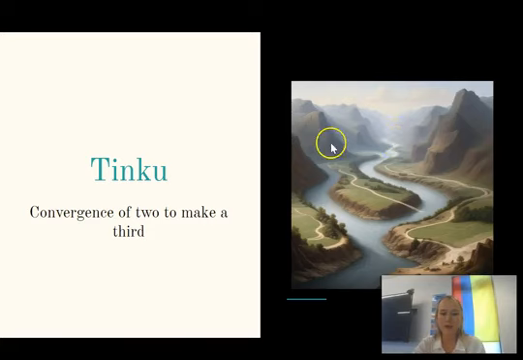We also see this especially at the convergence of rivers. Convergences of rivers were considered special and sacred spots. And we will see with water engineering, people doing this on purpose, converging different channels of water together to create a third, better one.